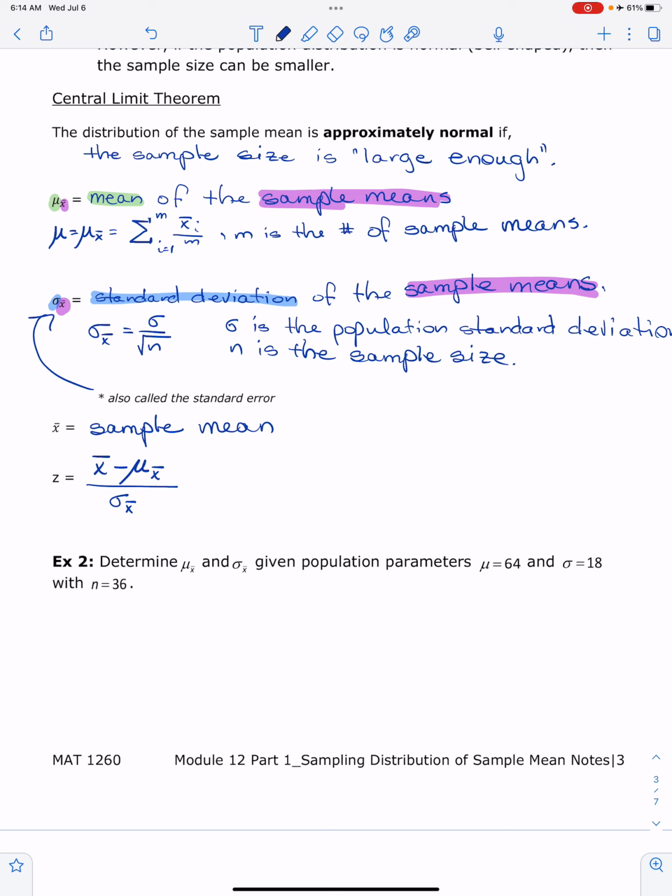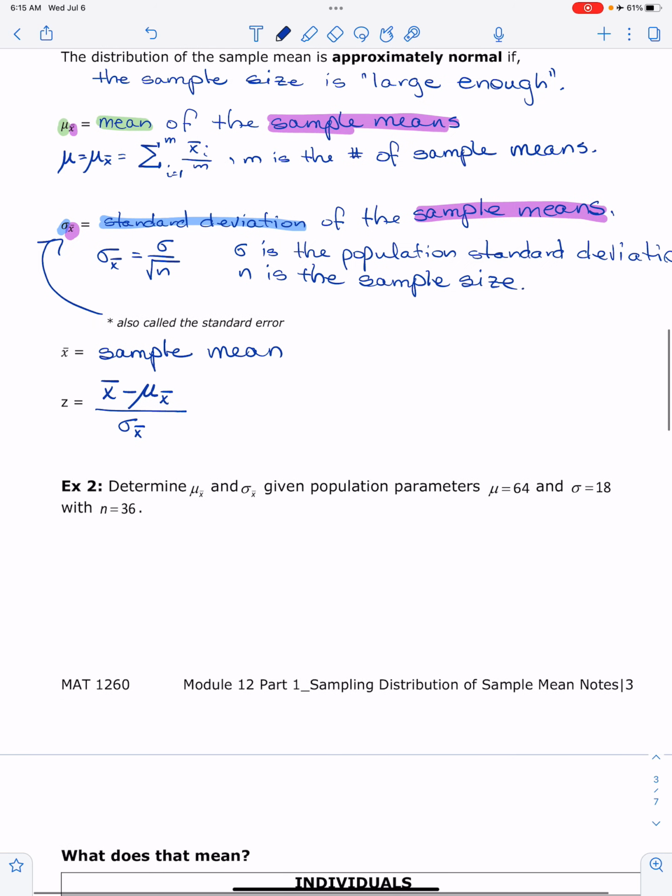Okay, now, this standard deviation is going to change as the sample size changes. So the larger sample size means we're dividing by a larger number, means our standard deviation is going to be smaller.